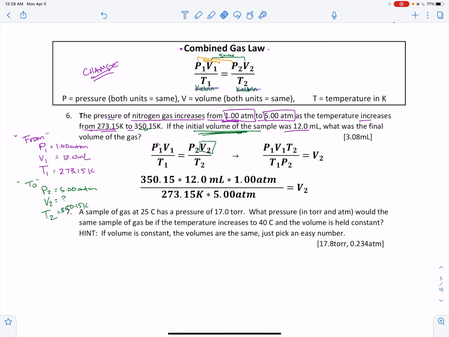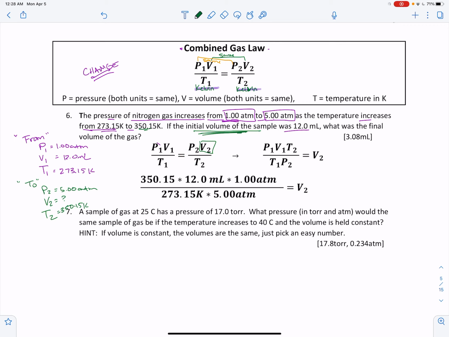So we're going to get this by itself. The way we get it by itself is we are dividing out or multiplying out. You may even like the idea of cross multiplying. Some people really like thinking of it like that, where this comes up here and this goes down there, but we're trying to get that V2 by itself.